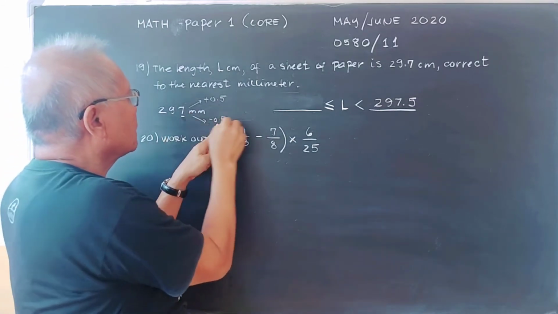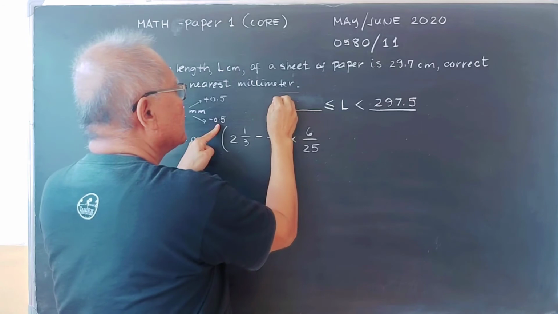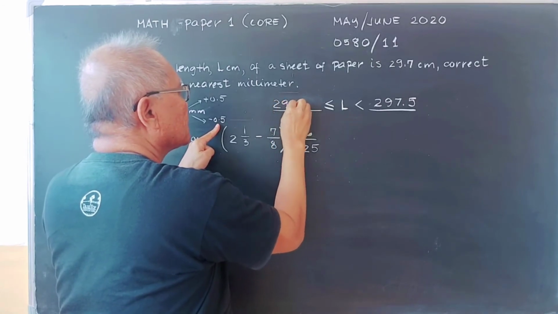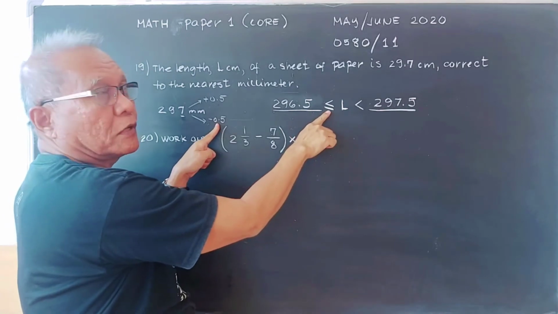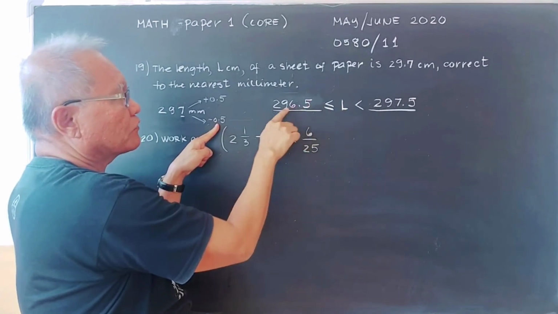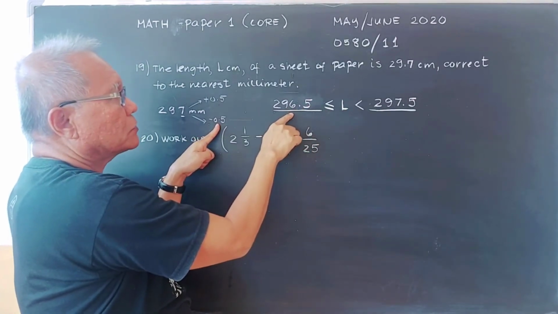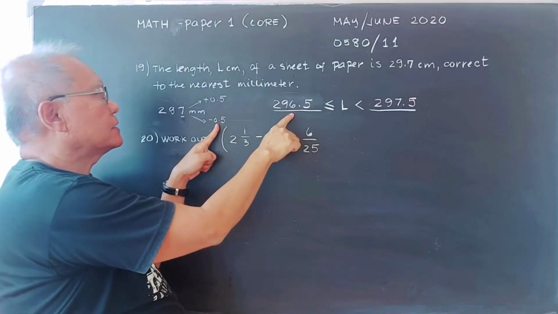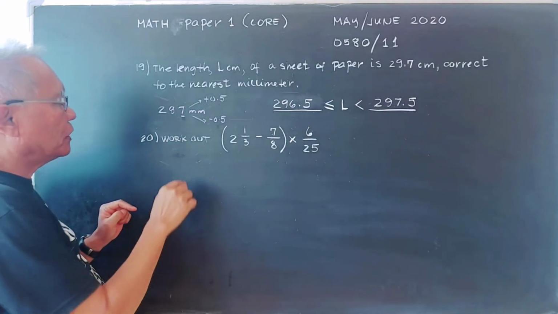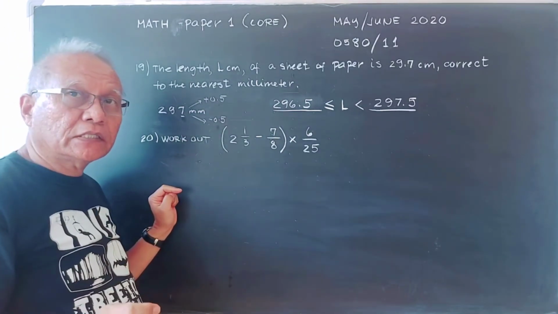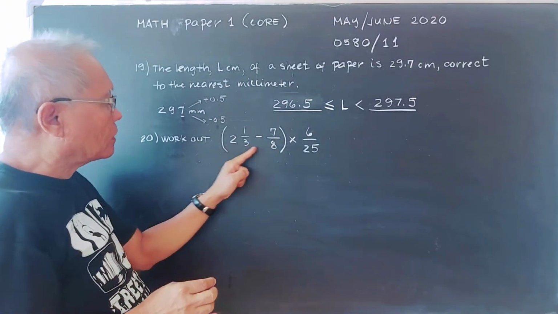So we have here 296.5, which is equal also to the length, because if we are going to round off this one it becomes 297. It's correct.